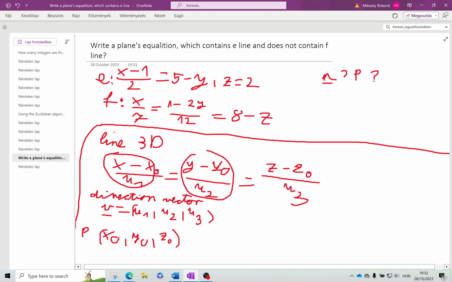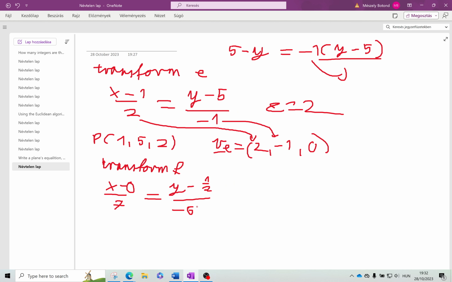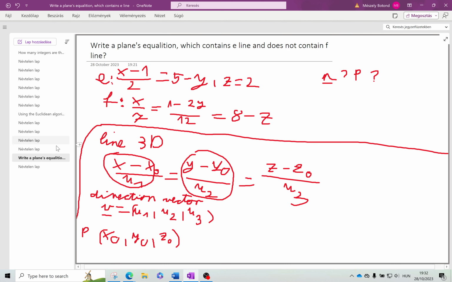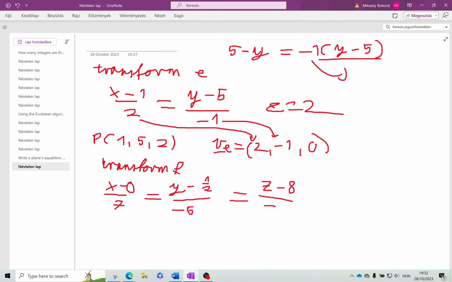And the last one is z minus 8 per minus 1, just like we did here. We divided the whole by minus 1, and we got z minus 8 per minus 1. So now the F equation looks like it should.